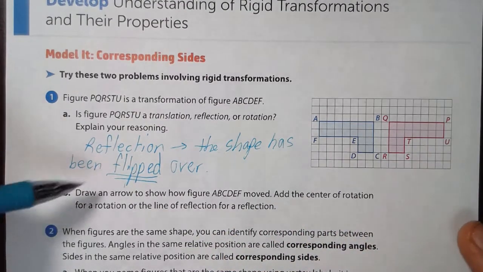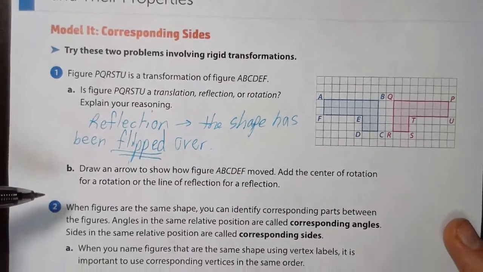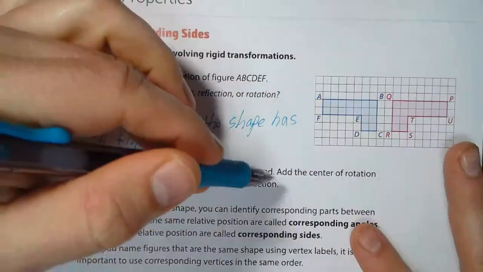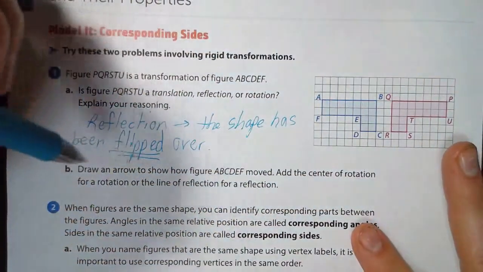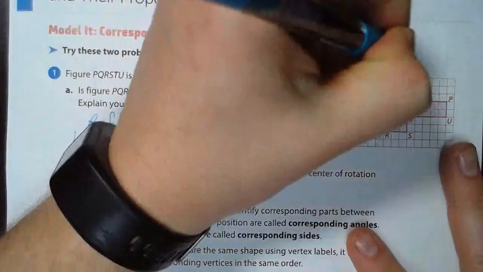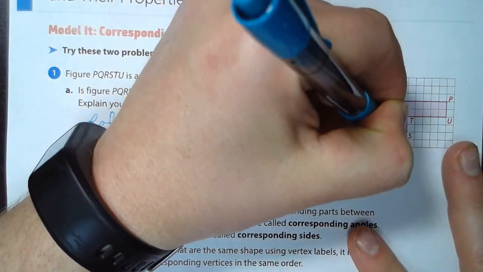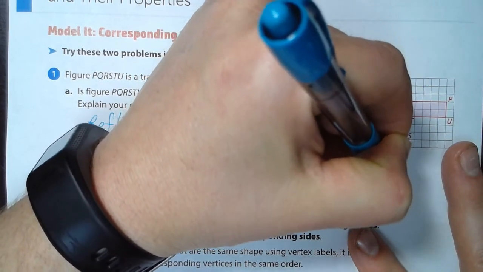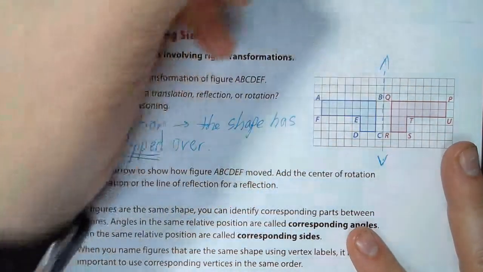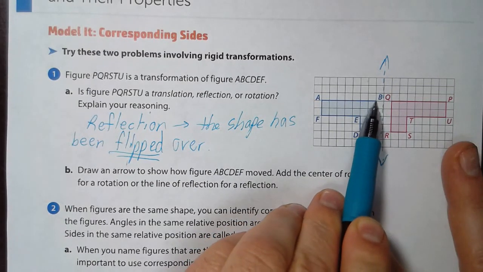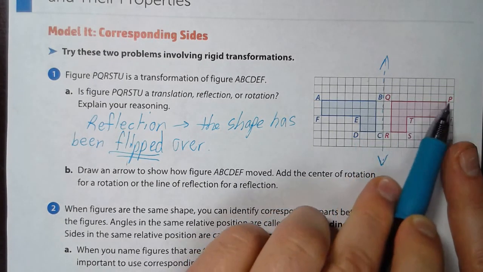Okay, so it gives us some additional directions here. It says draw an arrow to show how the figure has been moved and add a center of rotation or a line of reflection. So we're adding a line of reflection here. This is how we flipped it. And this line of reflection is important because every dot should be exactly the same distance from this line of reflection.